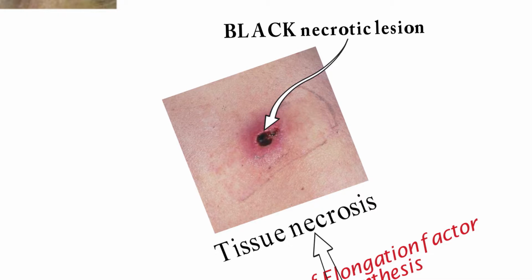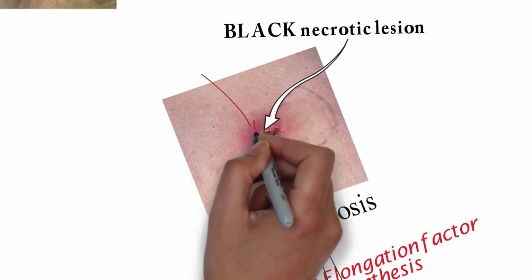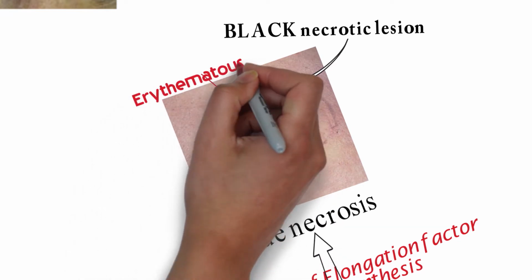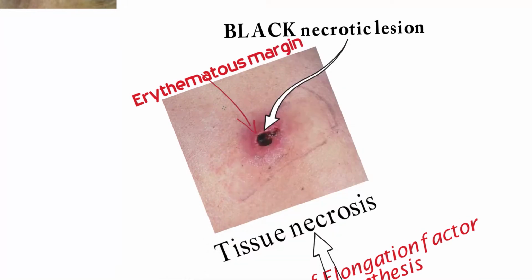It occurs in sepsis when the bacteria spreads from blood to the skin, and you can see in this lesion that the lesion has a black necrotic center, and the margins are erythematous.